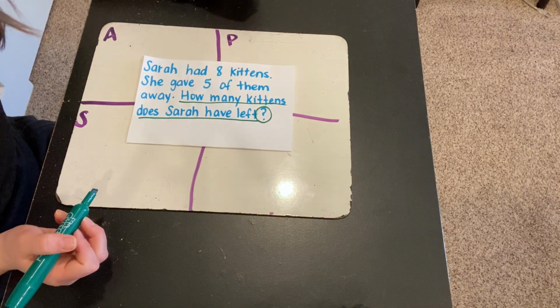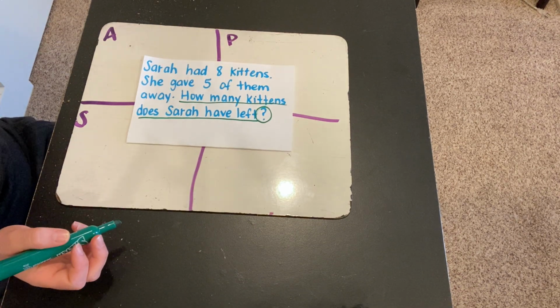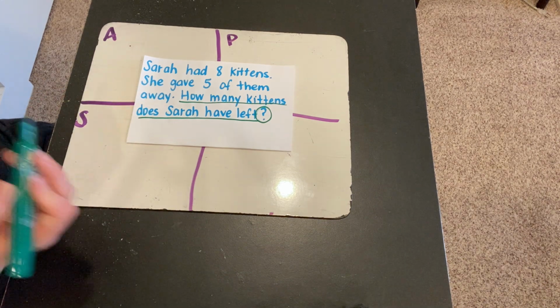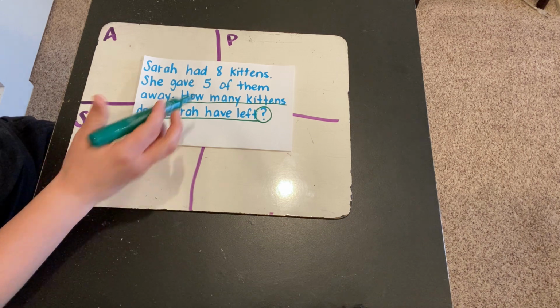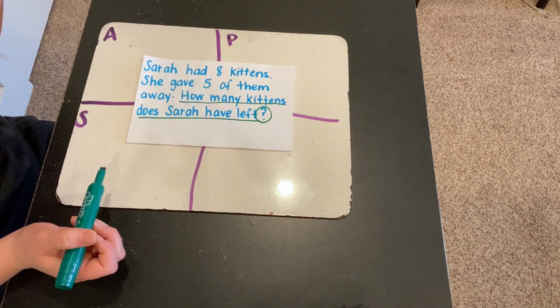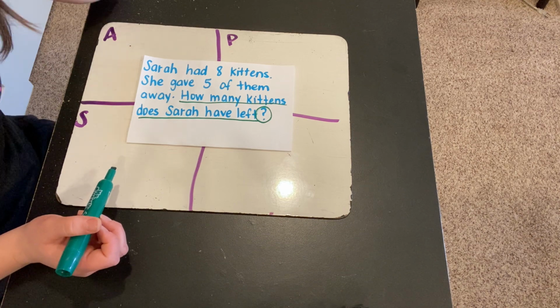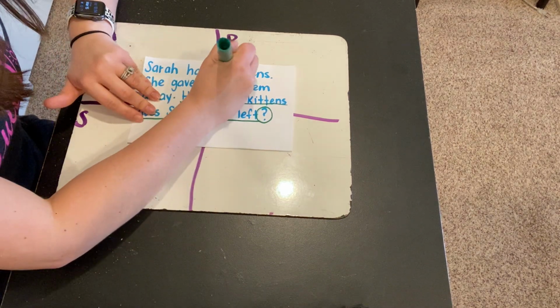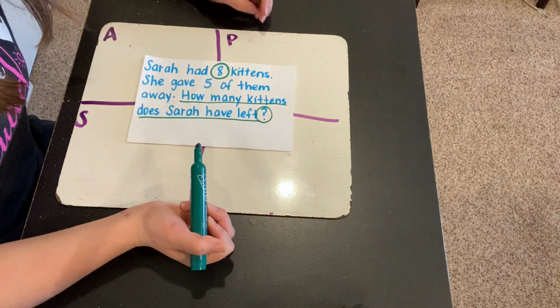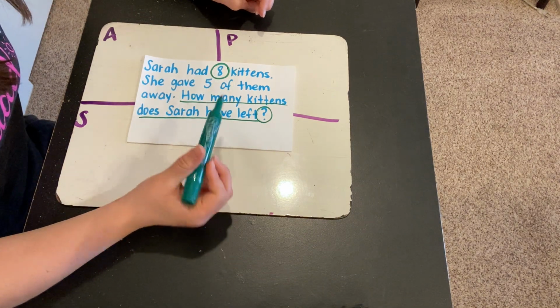Now let's read back through and listen for anything that's important that talks about kittens, because that's going to help us to figure out how many are left. Here's the first sentence. Sarah had 8 kittens. What's important from that sentence? 8, right? 8 tells us the number of kittens that she started with. Here's the next sentence.